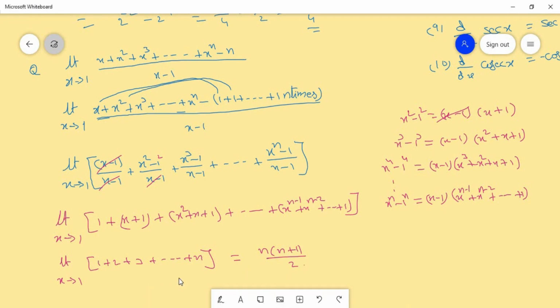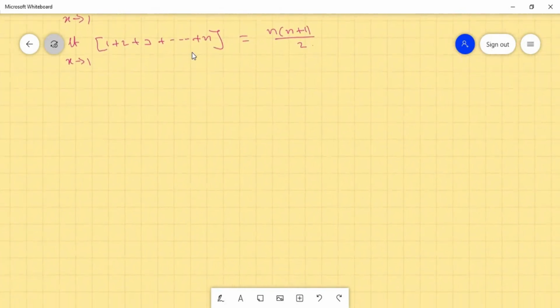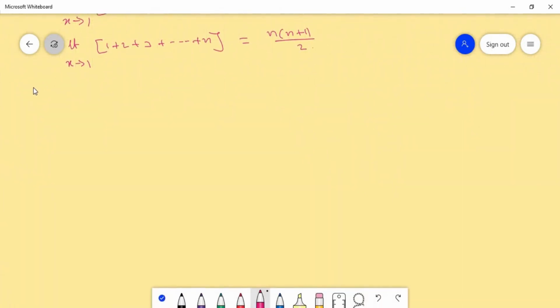We'll take some formulas and derivations also by using L'Hospital rule. See here, actually this is the formula: limit x tends to a, (x power n minus a power n) by (x minus a) is equal to n into a power n minus 1. What is the derivation of this one?